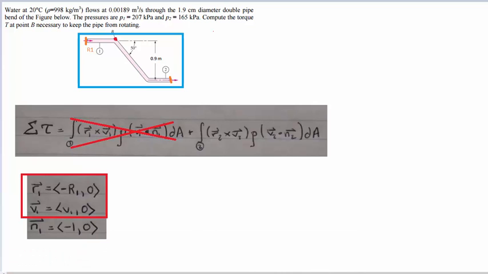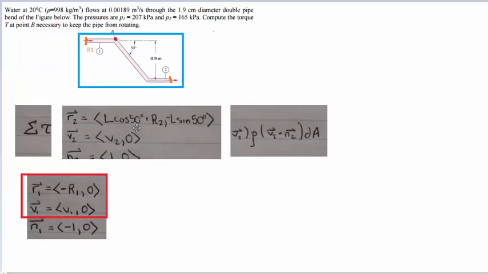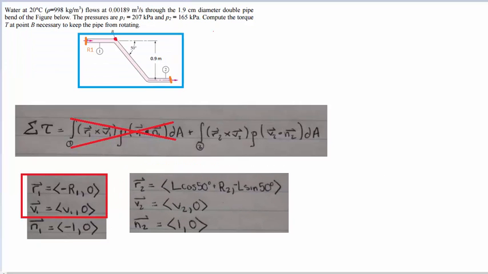Okay, let's write our vectors for the second point. Let's call this L, and let's call this distance along here R2. So in the x direction, this first goes along L. It had to take this cosine 50 because we're taking it up to the horizontal, and it's going an additional R2 this way.